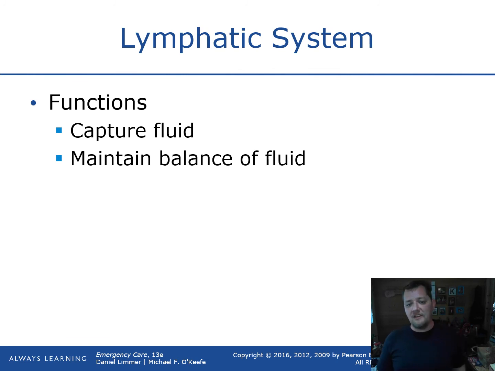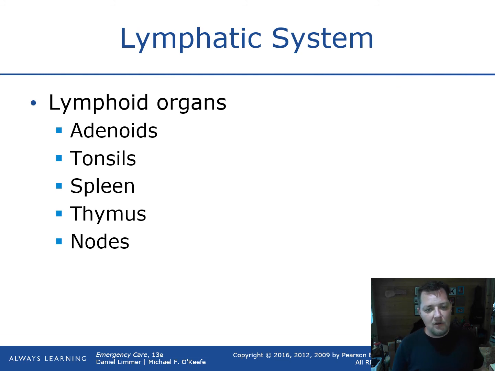Okay, the lymphatic system is much like the cardiovascular system, in that you've got vessels that carry lymphatic fluid to the various different parts of the body. Okay, and it captures fluid and it maintains a balance of fluid. Lymphoid organs include the adenoids, the tonsils, the spleen, the thymus, and nodes.